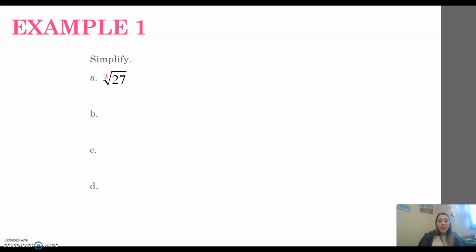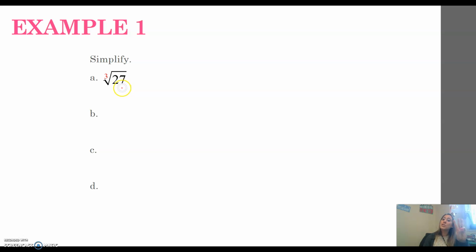So taking those ideas, we have to think about what is going to multiply 3 different times by itself to equal 27. So we know for sure it's not 1. We know for sure it's not 2, because the number underneath the radical, right here, the radicand, isn't even. So it can't be 2, because 2 to any power is going to be an even number.